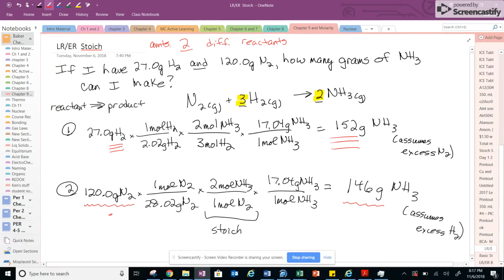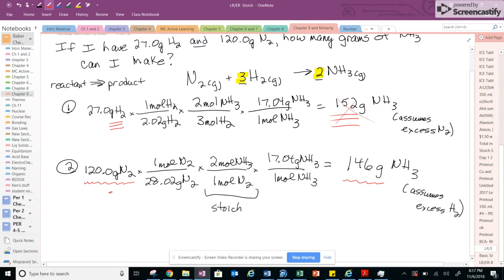Will I be able to make that? No, I actually can't make that amount, because as soon as I make my 146 grams of ammonia, I'm going to run out of the nitrogen. I don't have any more nitrogen to make any more than that. So this is the mass of ammonia that I can make, and it's the nitrogen that is limiting me to only being able to make 146 grams of ammonia instead of 152 grams of ammonia.